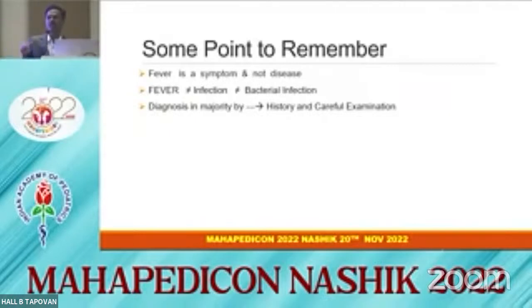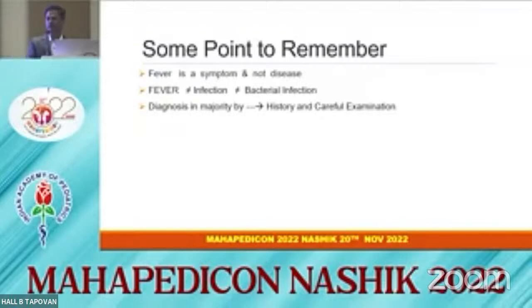This case was discussed with the sir, and we found that our first diagnosis was right: the patient was suffering from systemic onset JIA with complication of macrophage activation syndrome. The dengue positivity and the Widal positivity were falsely positive because of hypergammaglobulinemia.